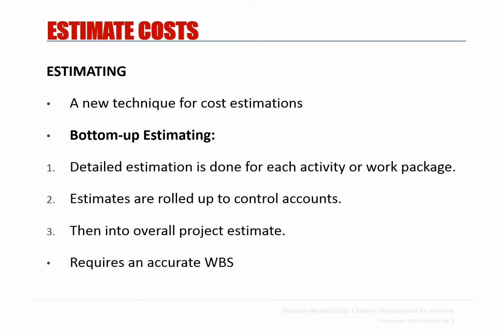Then, by summing up the cost of all these control accounts, you can find the overall project cost baseline estimate. And the most important point of this bottom-up estimating technique is it requires an accurate work breakdown structure because all the estimation is done from the bottom level of a work breakdown structure and costs are aggregated to find your overall project estimate.